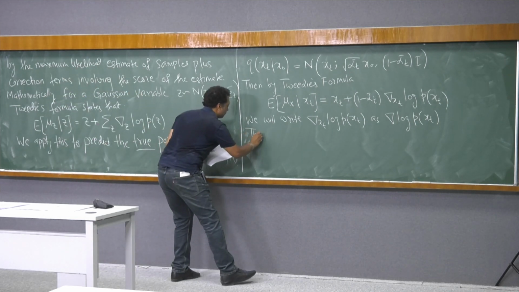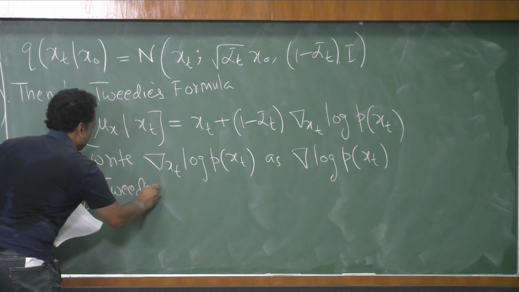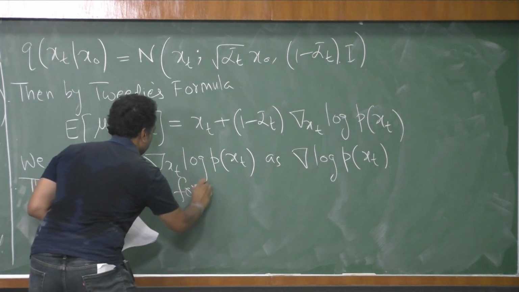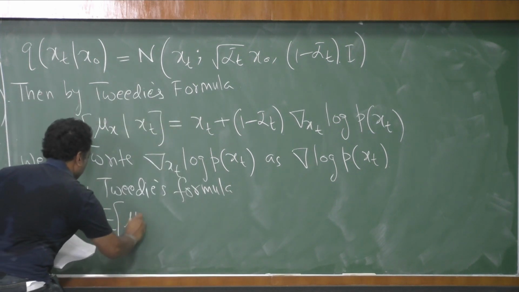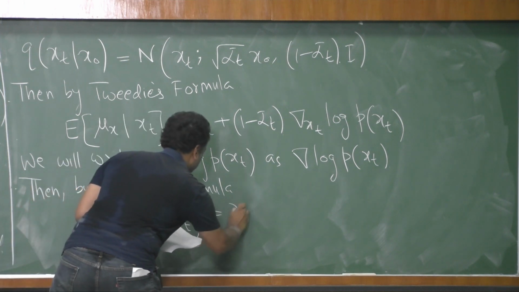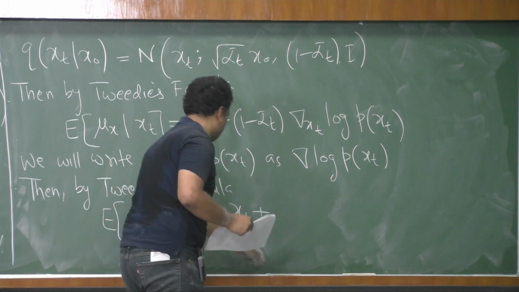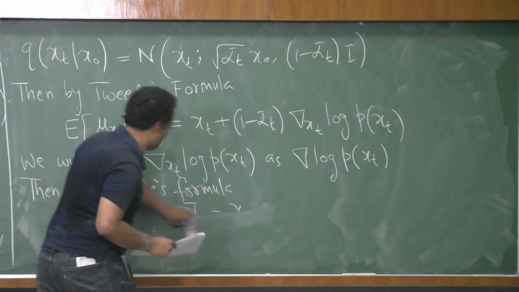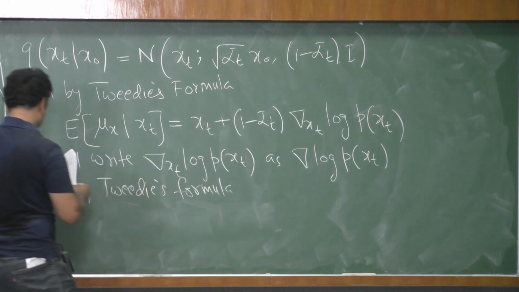So then, by Tweedie formula, we have expectation of mu xt given xt is xt plus, by Tweedie formula we will just write down the expression directly.